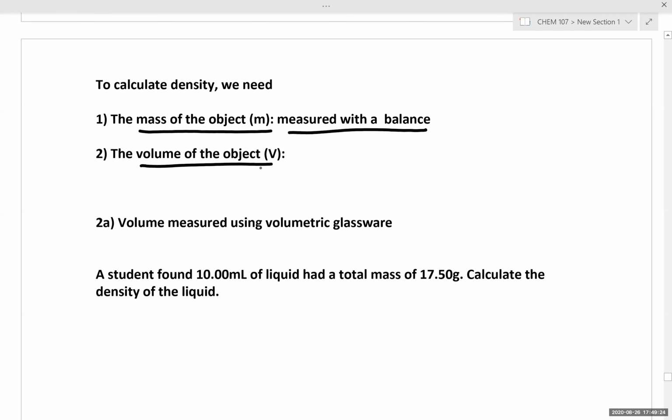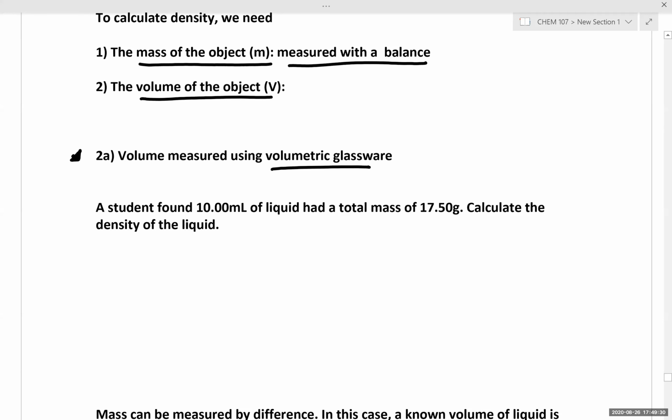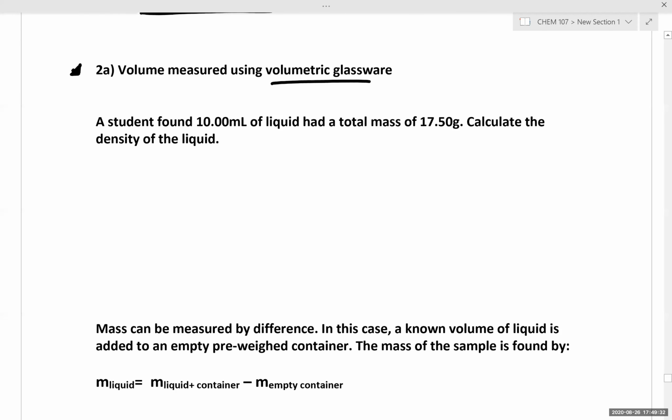The first of which is using volumetric glassware. For example, suppose you take 10 milliliters of liquid and you find the total mass was 17.50 grams. We can calculate the density by taking the mass over the volume. Note, this is a division operation, so we follow the significant figure rules for division.